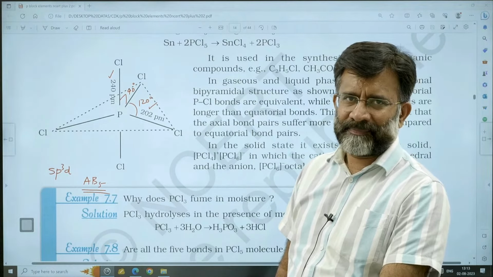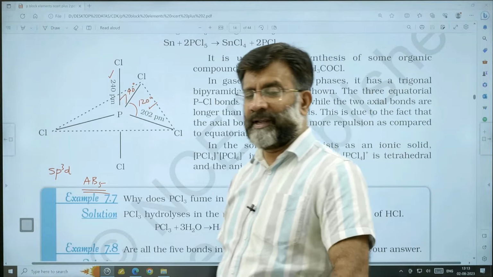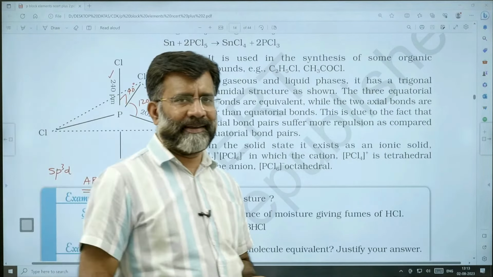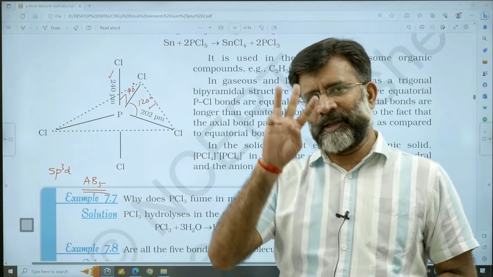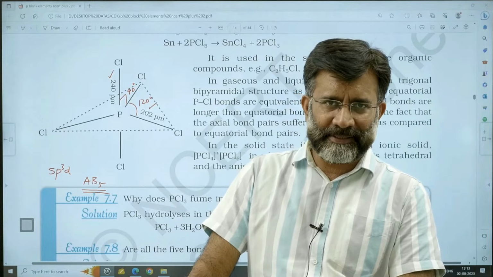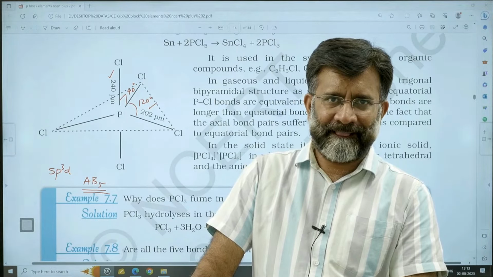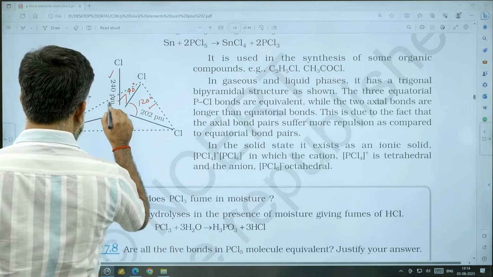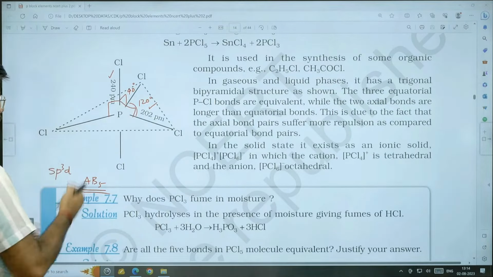Clear? So how many 120 degrees present in PCl5? In the plane, 3 120 degrees. How many 90 degrees present? There are 6 90 degrees. One here, one here, one here. 3 on top, 3 at the bottom.